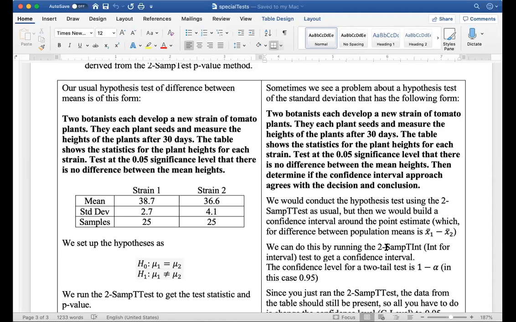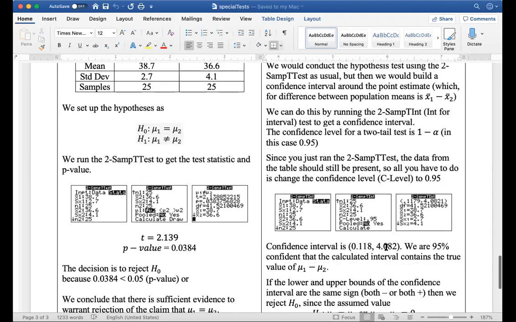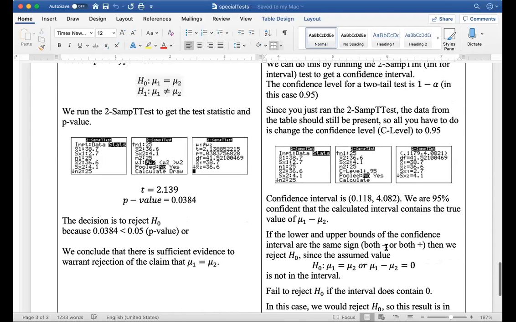So if the left boundary of the confidence interval is negative and the right boundary of the confidence interval is positive, we will fail to reject. If both of them are the same sign, if the lower bound and upper bound are negative, that means we're 95% confident that the true parameter is negative instead of 0.